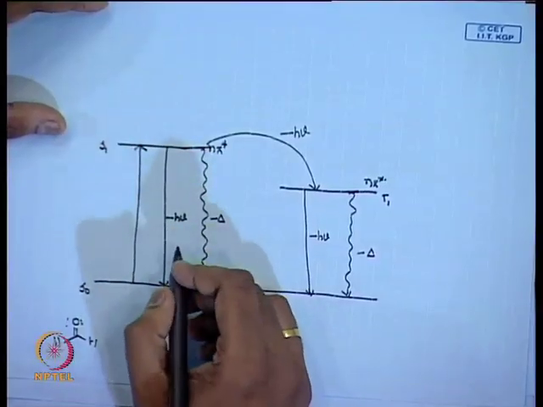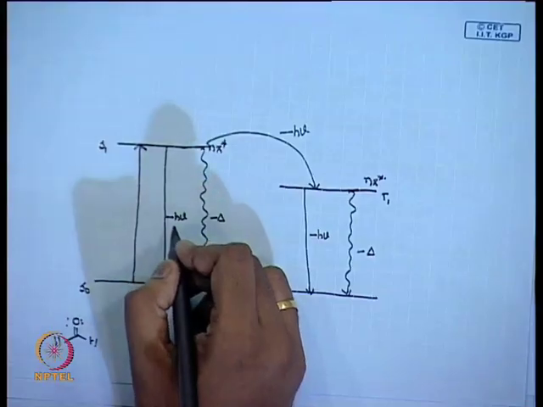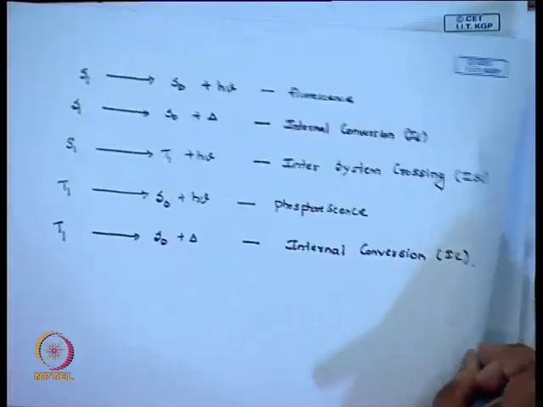For fluorescence, or we can write it on a separate page. It does not work for formaldehyde, it works for general ketones, these numbers.